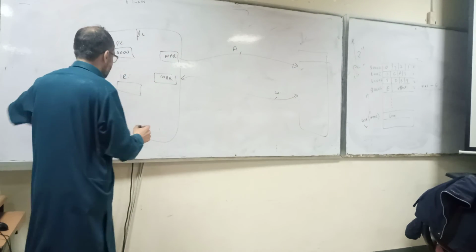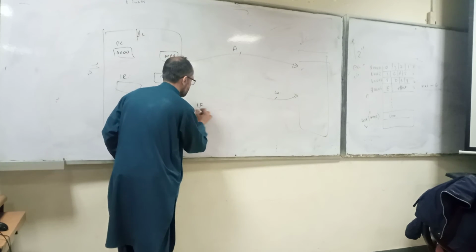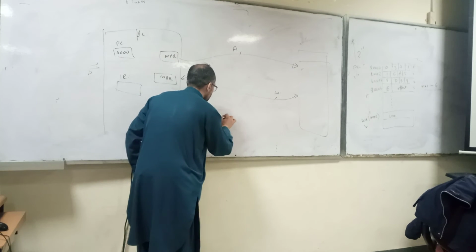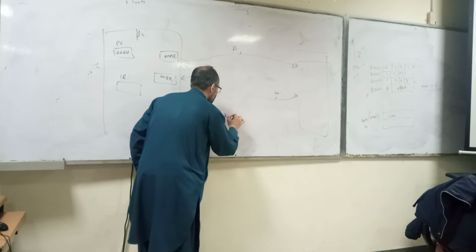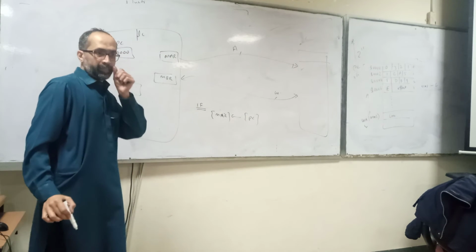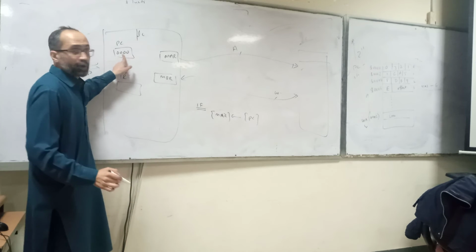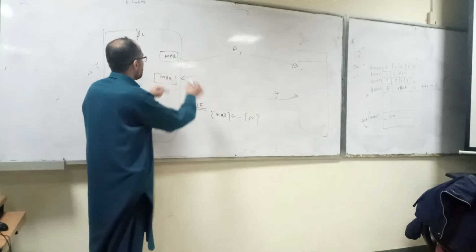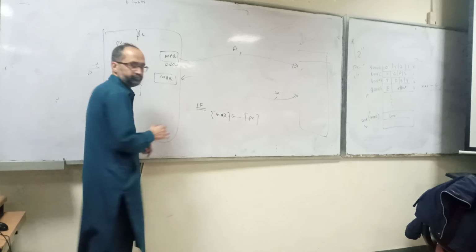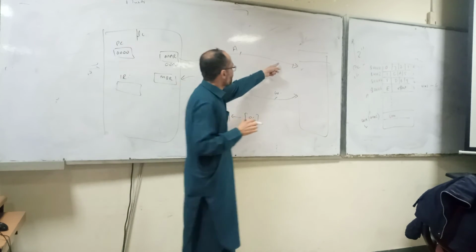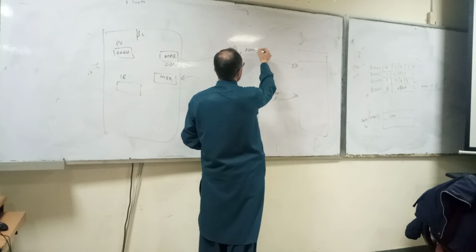In the instruction fetch stage, the contents of the MAR will be updated with the contents of the program counter. The program counter contains 0000, and it will move to MAR, so MAR will contain 0000.